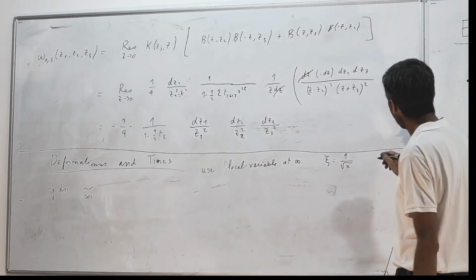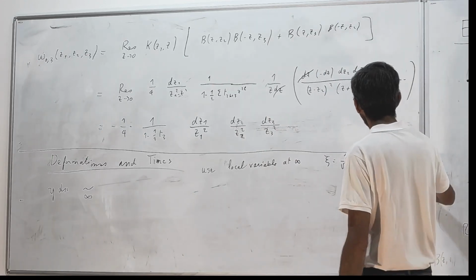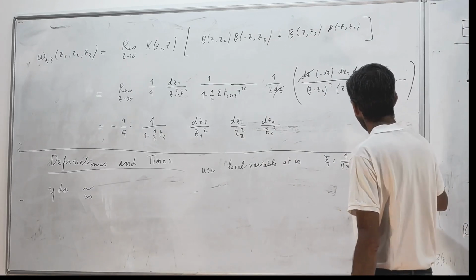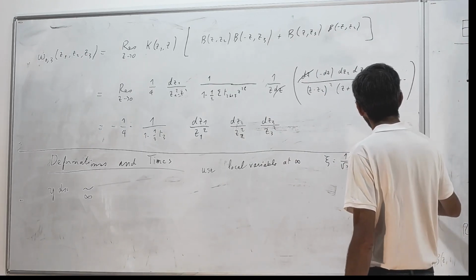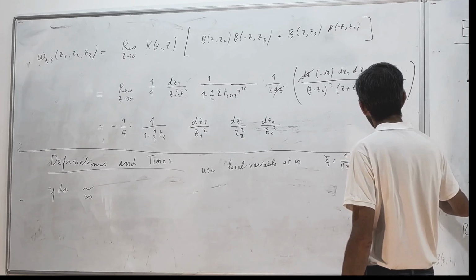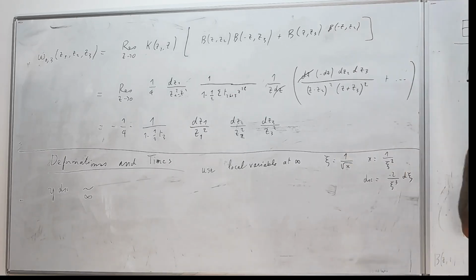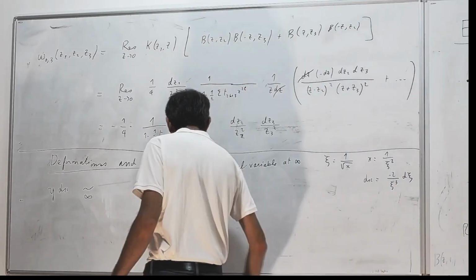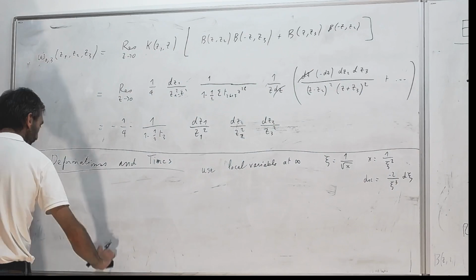Or in other words, x equals 1 over xi squared, which also means that dx is minus 2 over xi cubed dxi. And let me rewrite everything in this local variable.